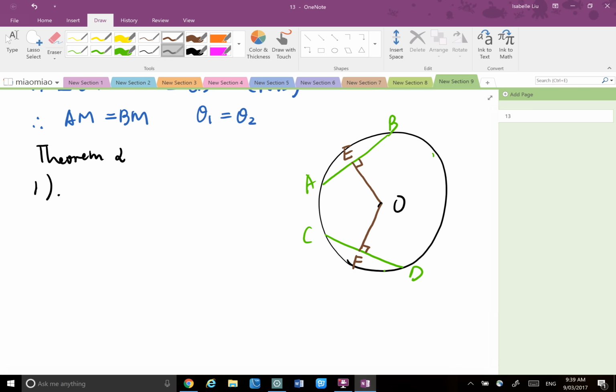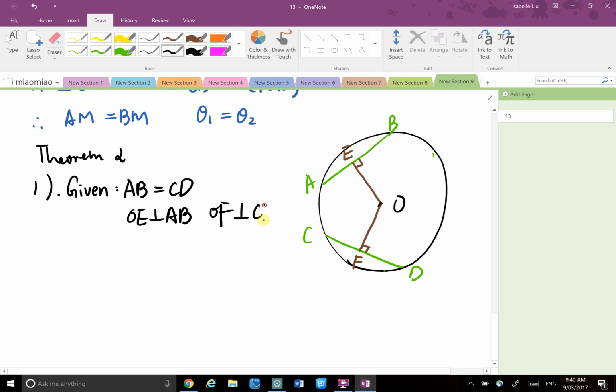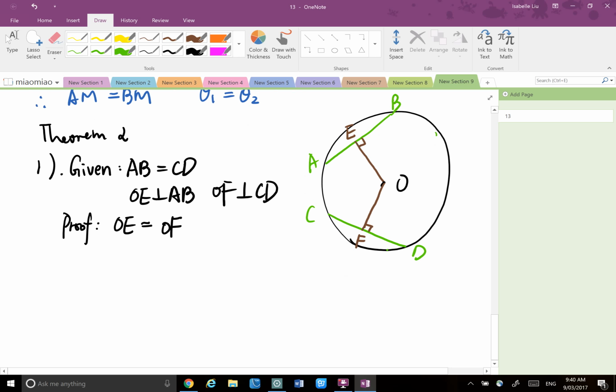So given AB equals CD, OE perpendicular to AB, and OF perpendicular to CD, because it's the distance from point O, so those two must be perpendicular. Prove that OE equals OF.